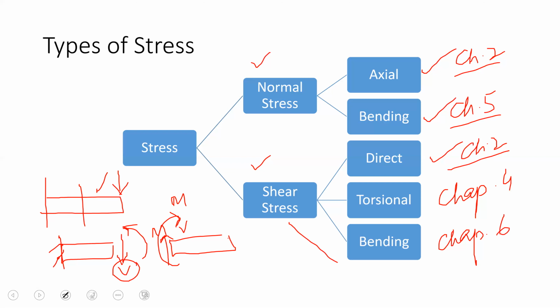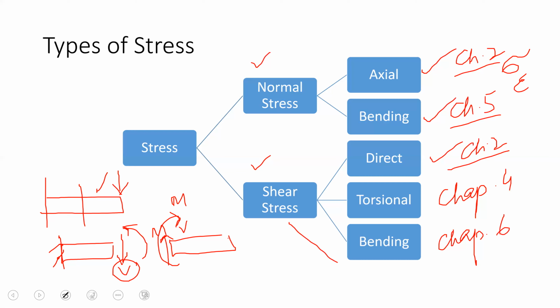So what have we done till now? In chapter 2, we have seen that whenever you have some axial loading, that may be a tensile load or a compressive load, sigma is always there, right? Sigma is the normal stress, and then you have epsilon, the normal strain.